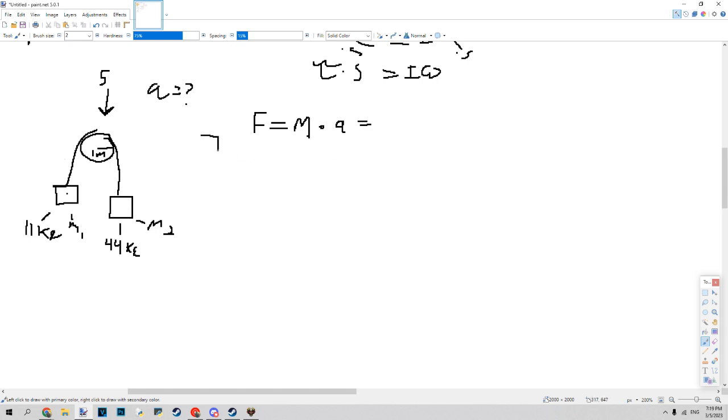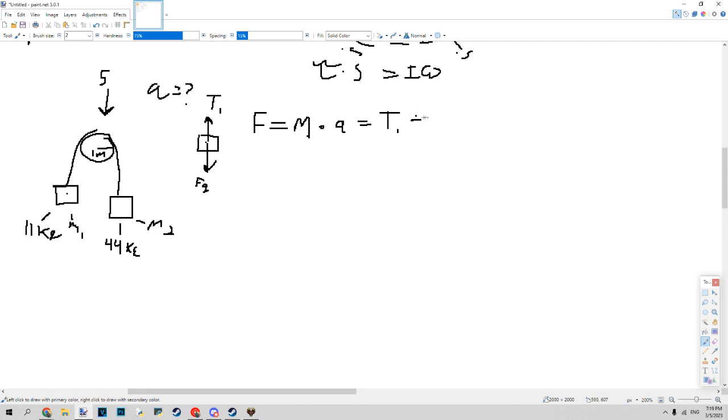Now this box here will only have 2 forces acting upon it, the force of tension 1, the tension right here, and a gravitational force. We don't know which one is bigger as of yet, because we don't know which way it's accelerating. Now we could probably assume that tension will be bigger because of this, but we don't actually know that.